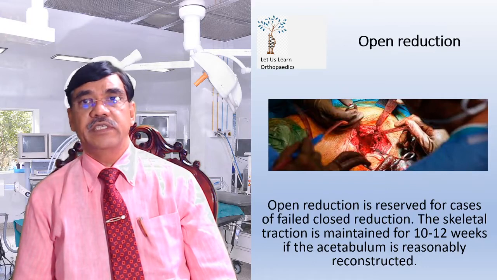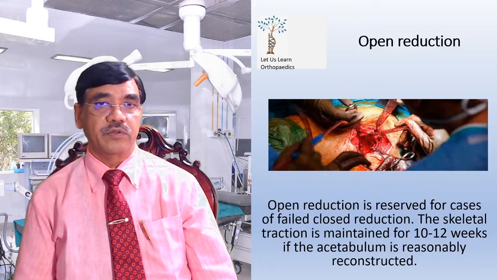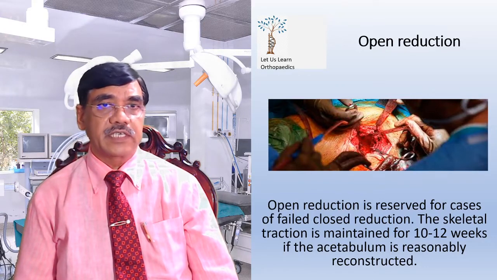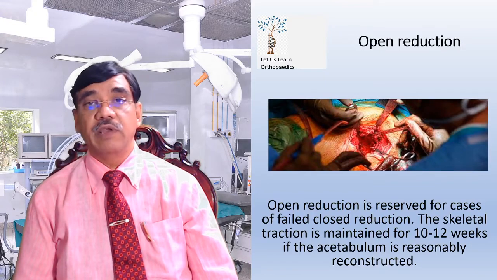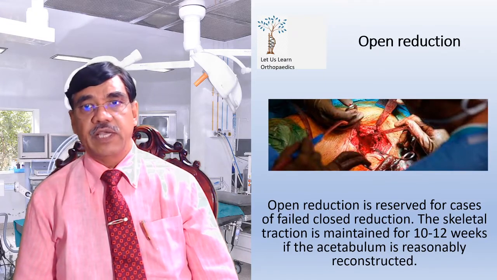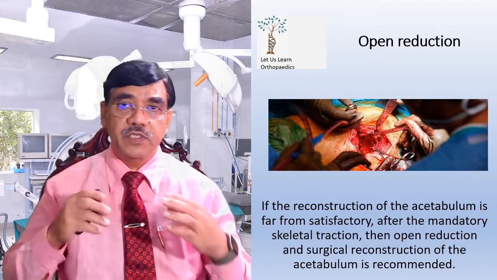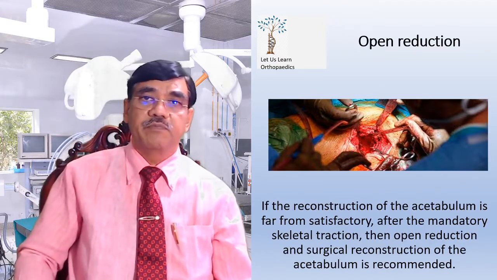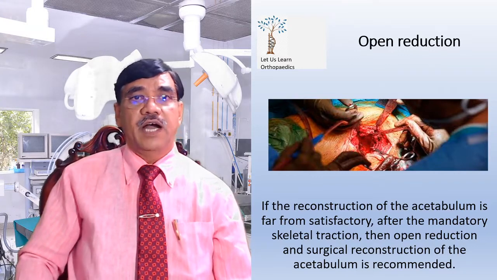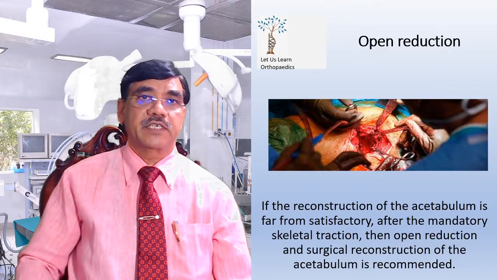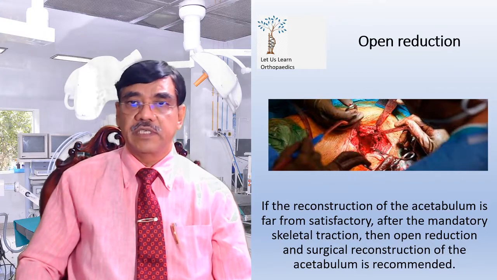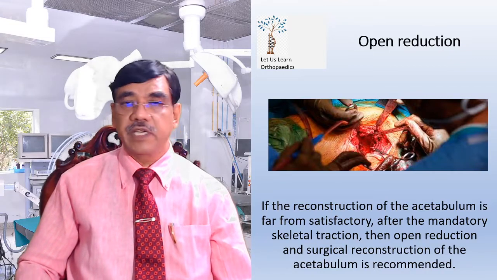Open reduction is reserved for cases of failed closed reduction. Skeletal traction is maintained for 10 to 12 weeks if the acetabulum is reasonably reconstructed. If the reconstruction of the acetabulum is far from satisfactory after the mandatory skeletal traction, then open reduction and surgical reconstruction of the acetabulum is recommended.